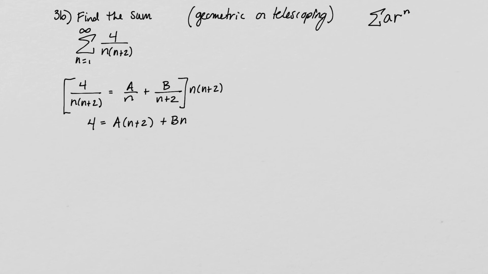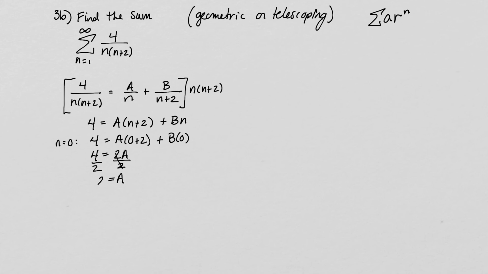Now you can find a and b however you want. I generally like to just pick values for n. So if we let n be 0, I'd have 4 is equal to a times 0 plus 2 plus b times 0. So 4 is equal to 2a. Divide by 2.